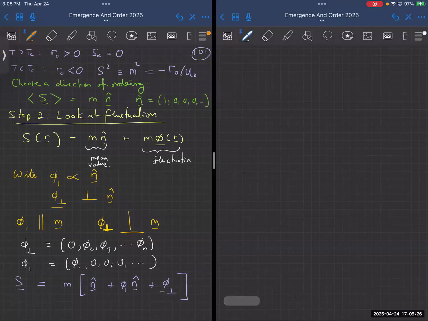Now we want to compute the energy. So now I want to compute V of S. What do I get in V of S? Well, V of S has terms S squared and S to the fourth, where those mean the magnitude. So let's compute them.